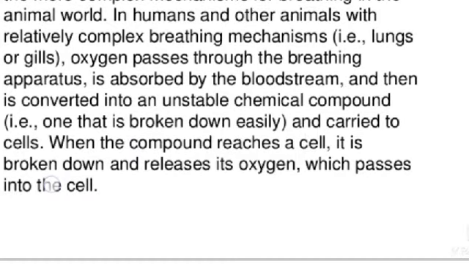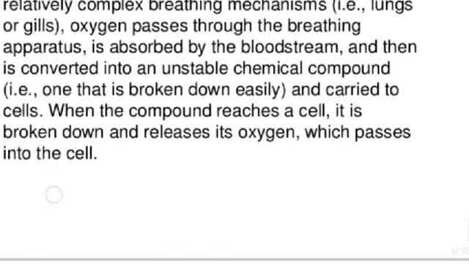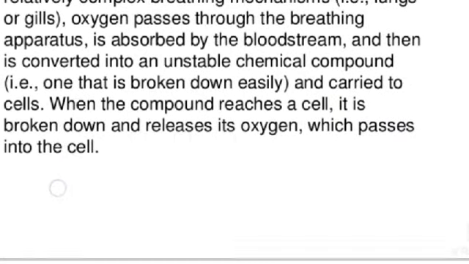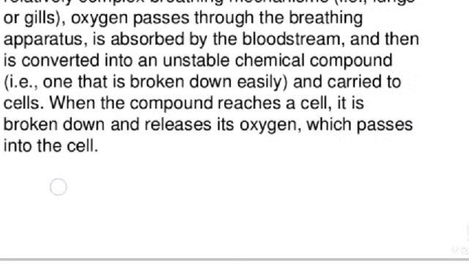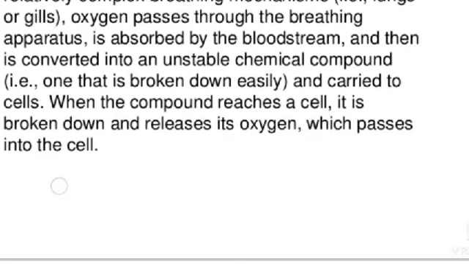When the compound reaches a cell, it is broken down and releases its oxygen, which passes into the cell.